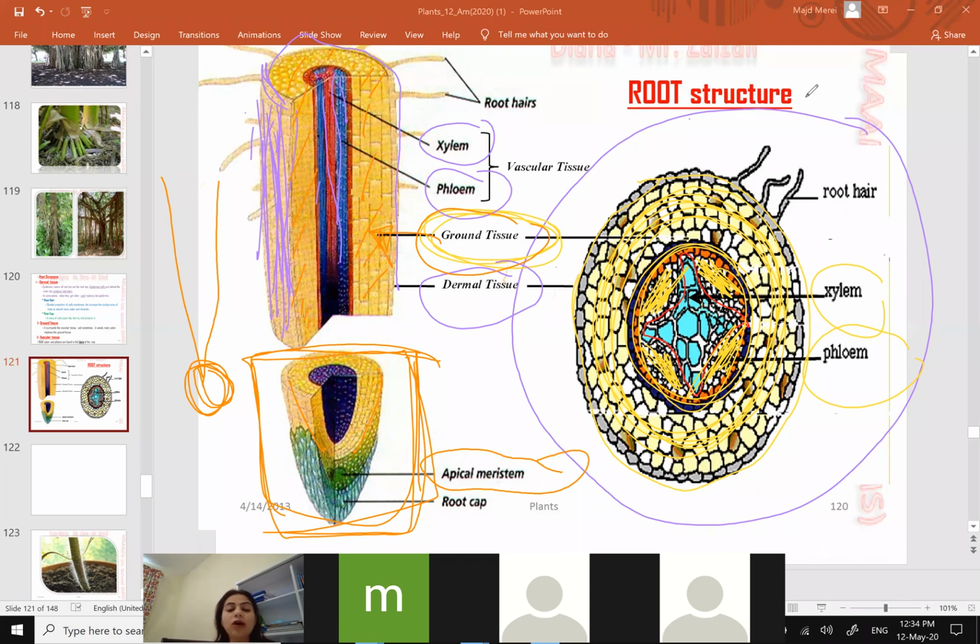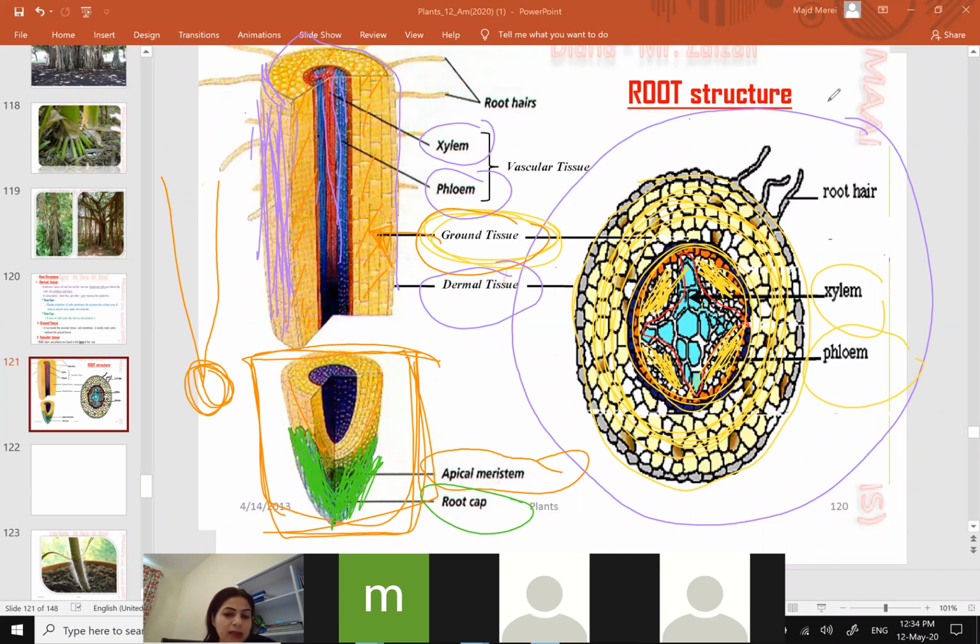One more point. Notice this green color here? This is called the root cap, which is surrounding the tip of the root. What do you think is the function of the root cap? Think of the tip of the root and how it is important, since it is the area where new cells are produced.